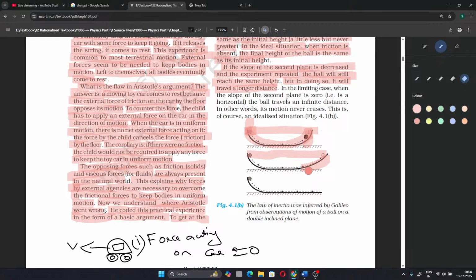But if we see the distance, if we take this as x and this as x dash, x will be greater than x dash.